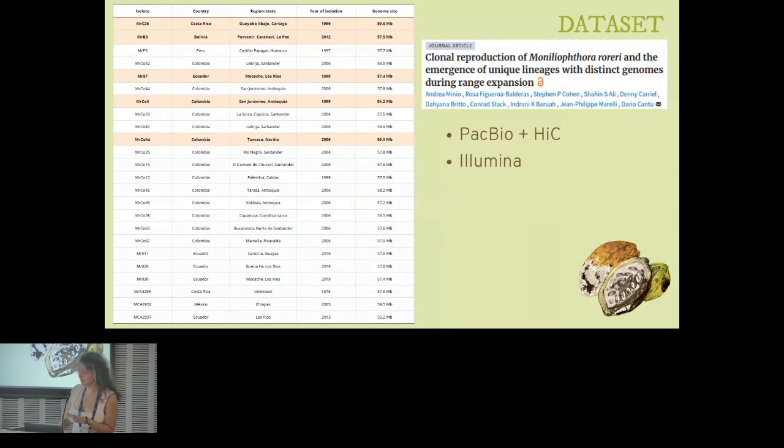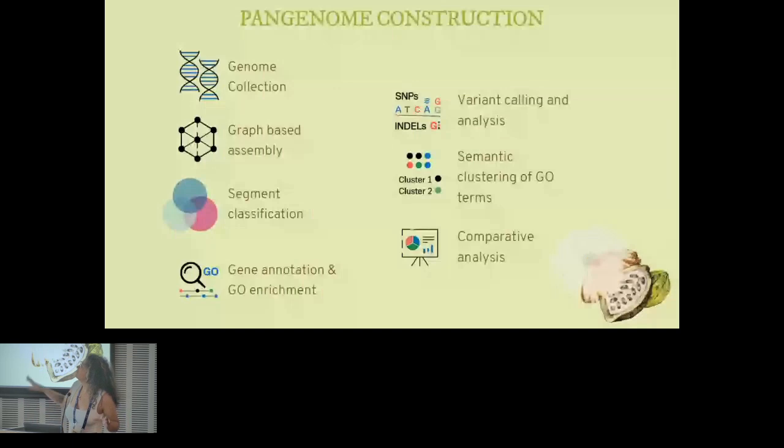So for this first exploratory part of the project, we are working only with the 5 most complete genomes in order to standardize the tools and the pipeline so we can then scale it to the whole data set.